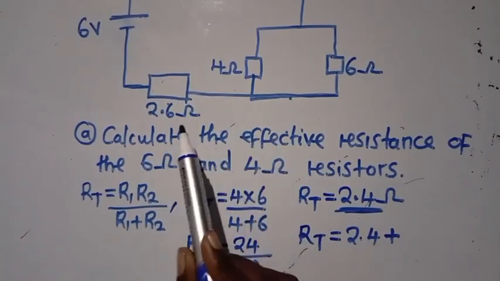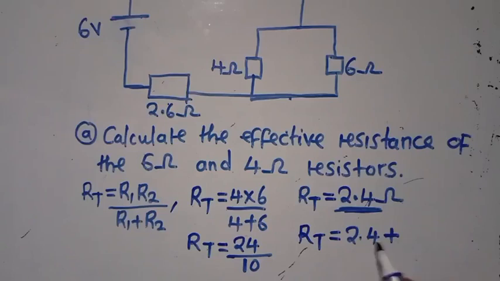Since they are in series, we need to add. When you add here, you get 5 ohms. This is where the 5 is coming from. So this is the effective resistance in the whole circuit.